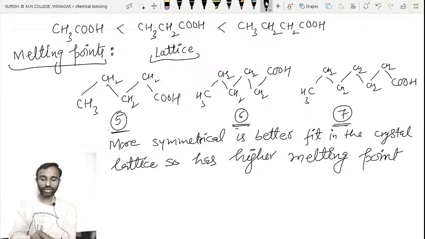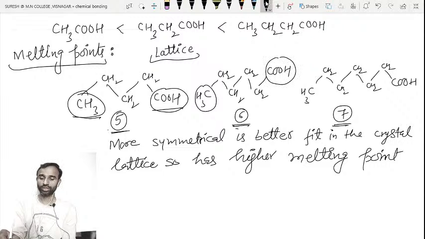See, in this case, CH3 and COOH both are on the same side. Here, CH3 and COOH are on the opposite side.